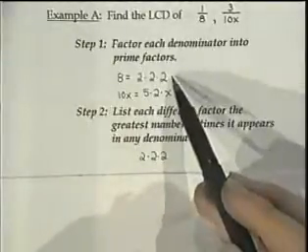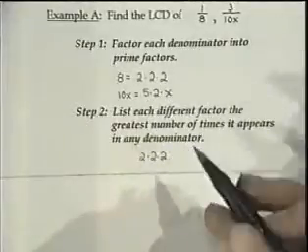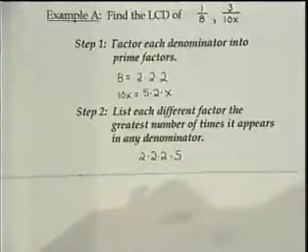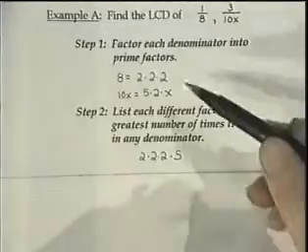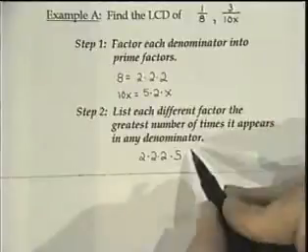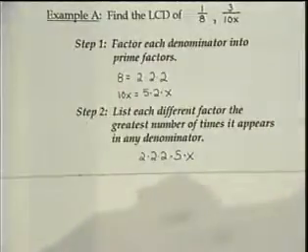Well, 5 does not appear in the top, but it does appear here once, and that's the most you see 5 appearing, so we'll list 5 once. And finally, the last factor is x. X does not appear here, but it does appear here, so the most times you see x appearing in any one denominator is once.